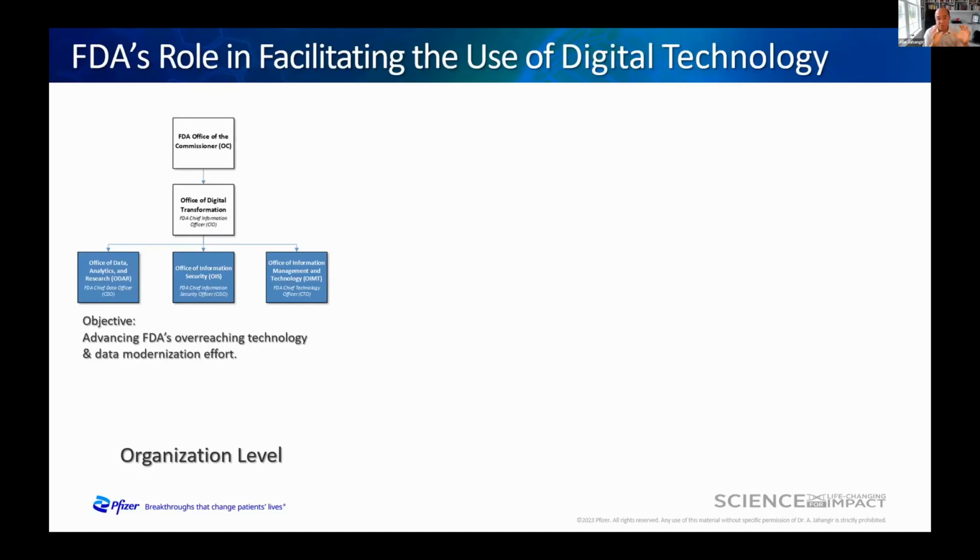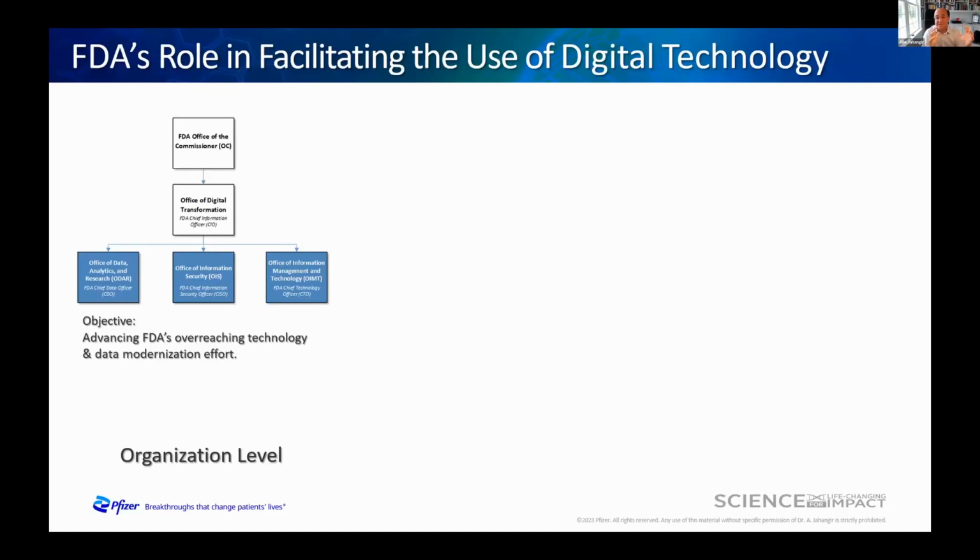So let me focus on 3 different levels. Organizationally, I think FDA continues to evolve to keep pace with trends in digital transformation of data analytics. In fact, in September of 2021, they announced the new Office of Digital Transformation, which is tasked with advancing FDA's overarching technology and data modernization effort.